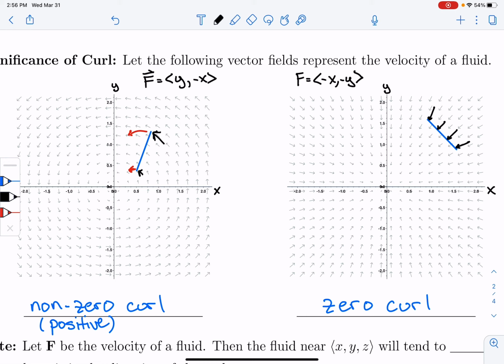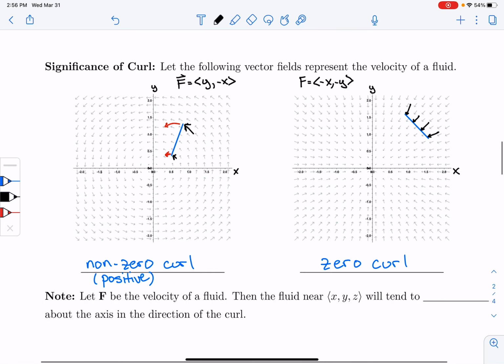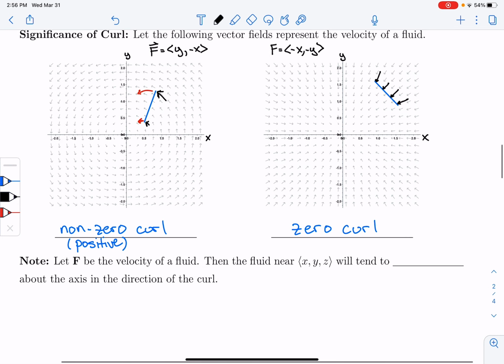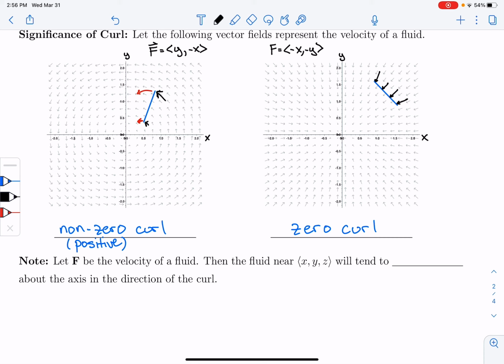Okay, so let's write down our interpretation here of curl. So we're going to say, let F be the velocity of a fluid. Then the fluid near x, y, z will tend to rotate about the axis in the direction of the curl.